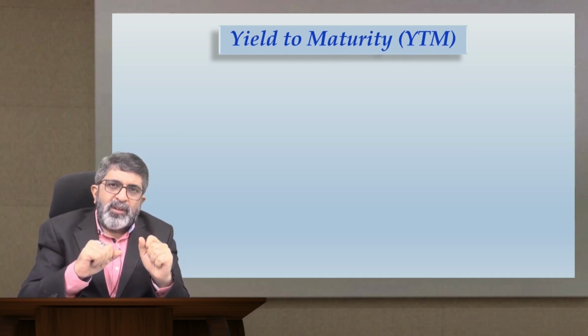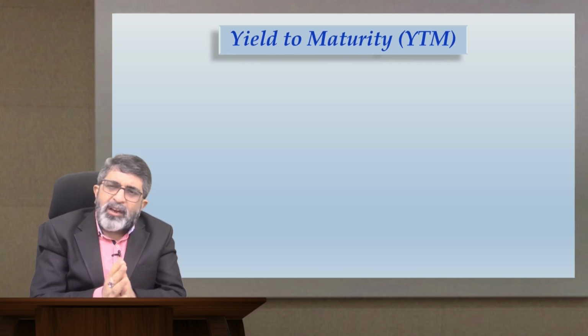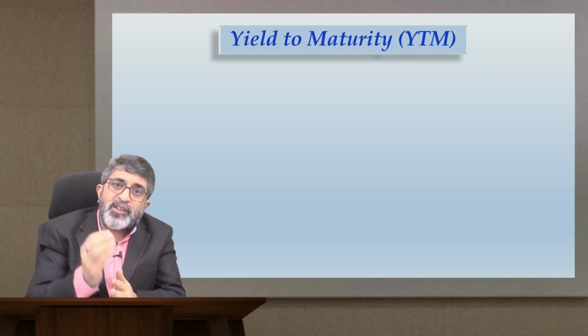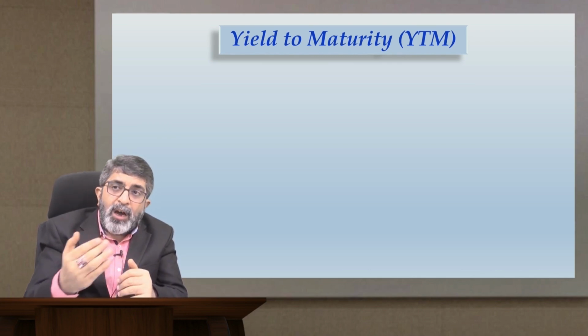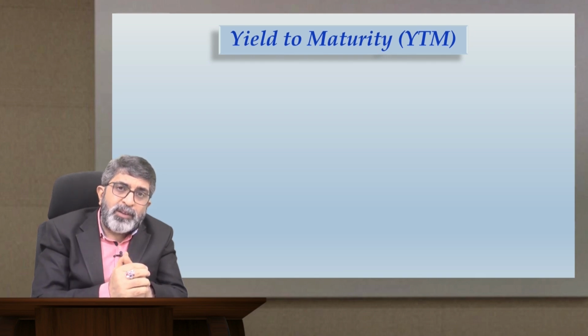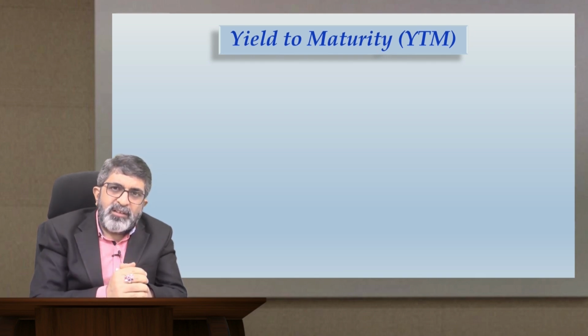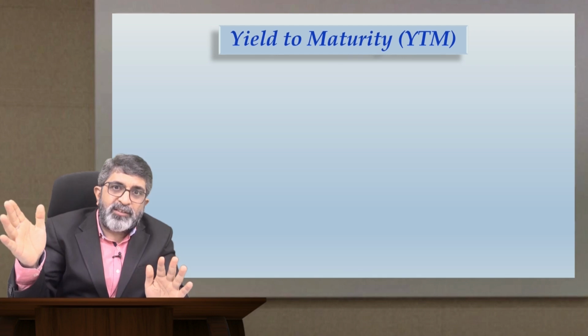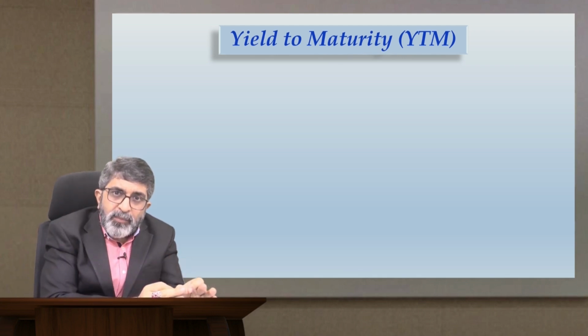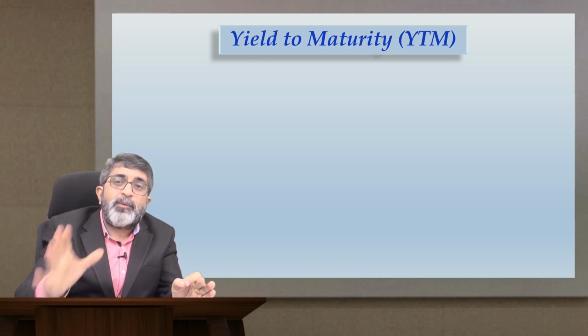For example, someone can tell me, sir, buy this particular bond, it is giving you 9.6% as YTM. Then I ask that person, how much is the remaining maturity period of that bond? That person says the remaining maturity period of this bond is 11 years. Boss, I don't want to invest for 11 years. I want to park my money in the bond market just for, say, 1 year.